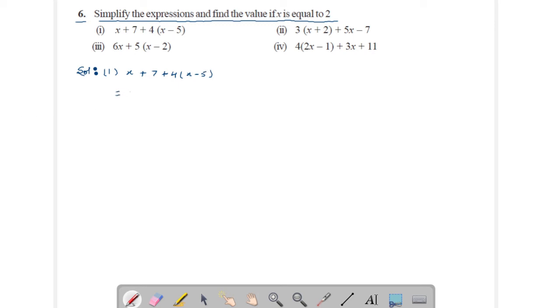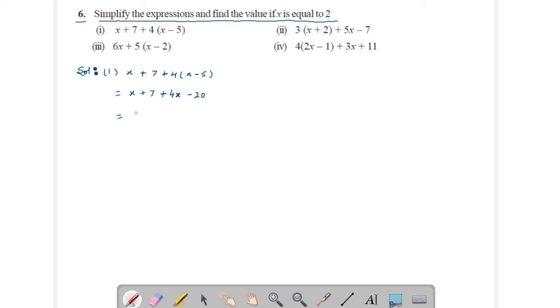You will get x plus 7 plus, here open the bracket, 4 will be multiplied by each term of bracket. 4 into x, it is 4x, minus 4 into 5, 20.